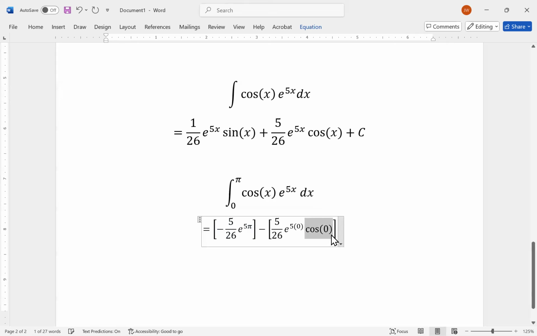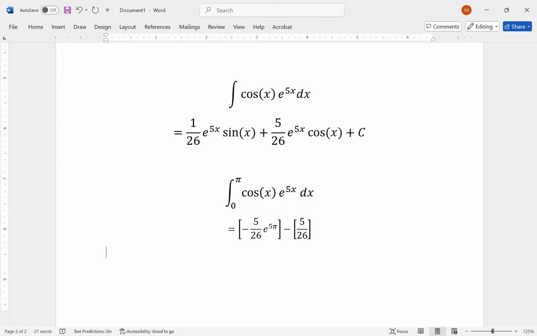Cosine of 0 is a +1. Also, e to the 0 is a +1. So basically, this is my final answer. I get -5/26 minus 5/26 times e to the 5 pi. So that's the actual numerical answer.